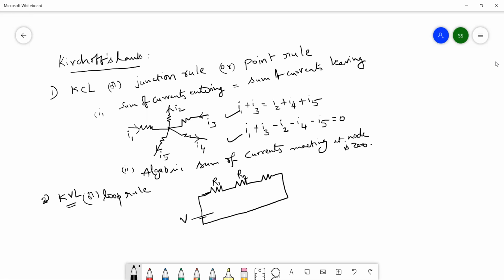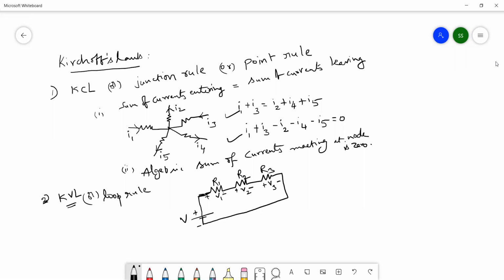Your first, second and third resistances are all connected in series. Here I am giving the polarities of the voltage across each resistor: V1, V2, V3.